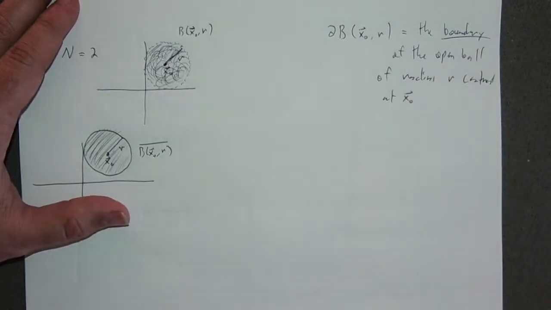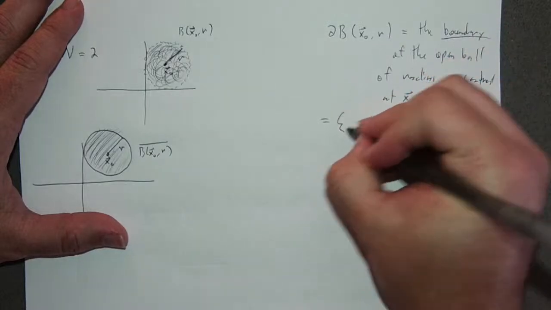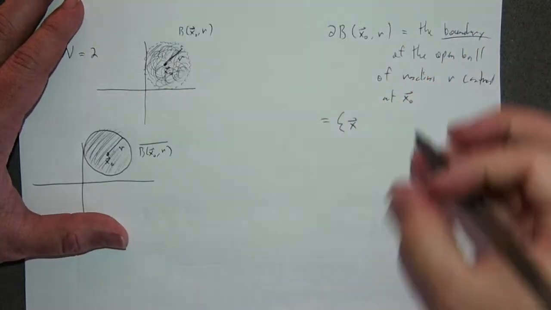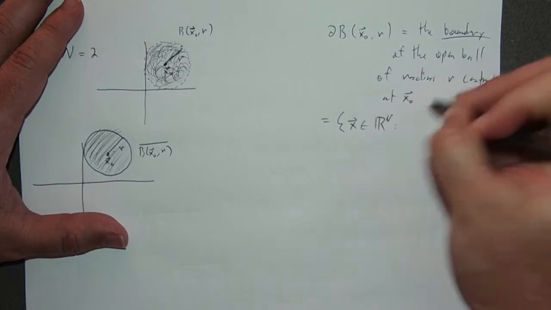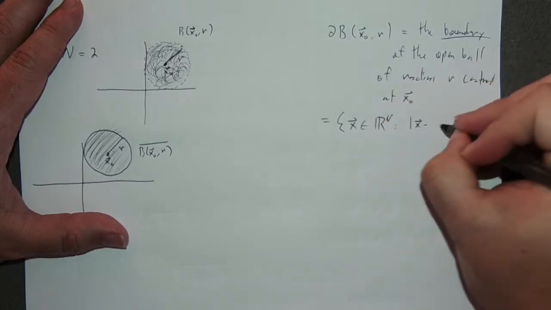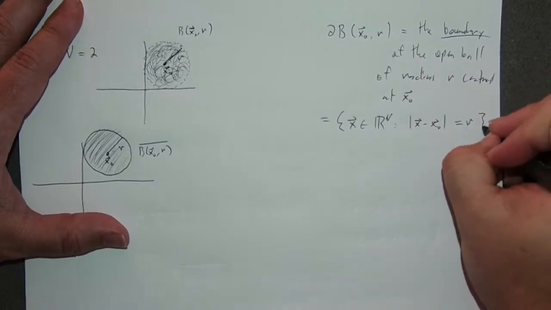And if this is the notation we use, then in set builder notation, this is the set of all x in Rn such that this distance is exactly equal to r.